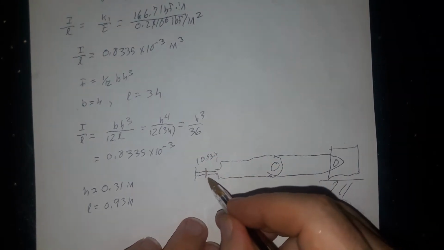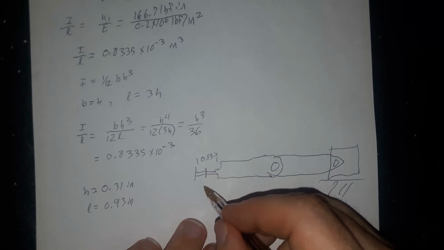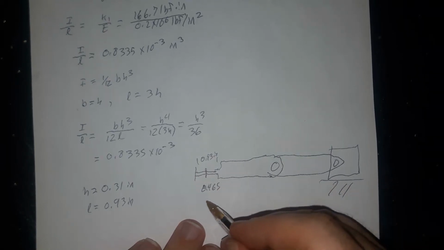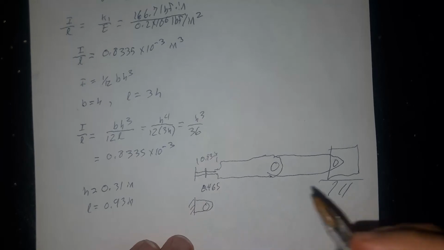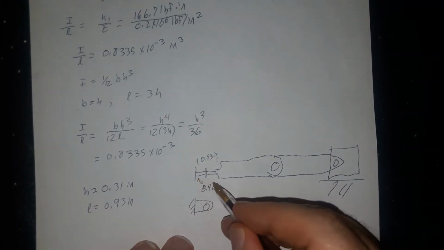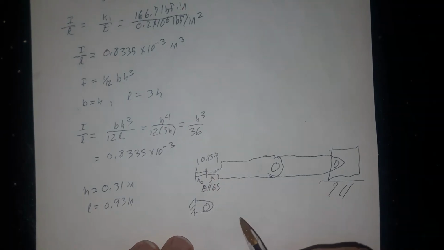Now, the pin goes here in the middle of this, so 0.465 of that is going to belong to link 2, and 0.465 is going to belong to link 1.